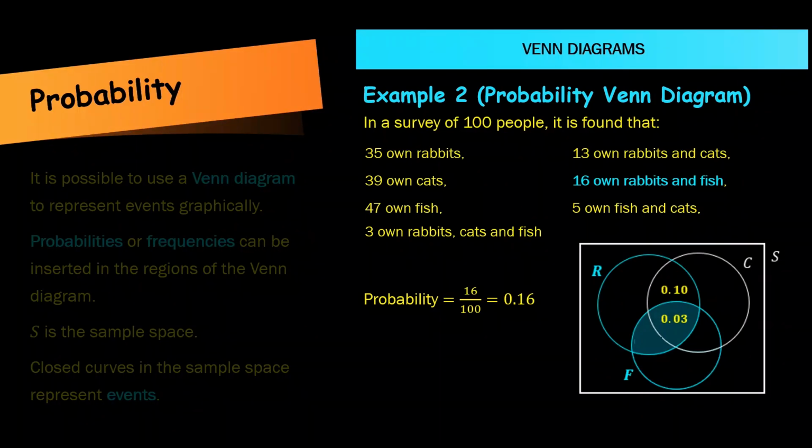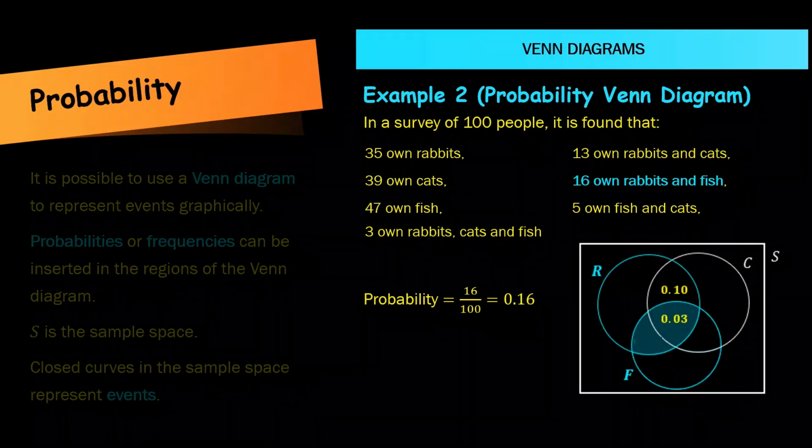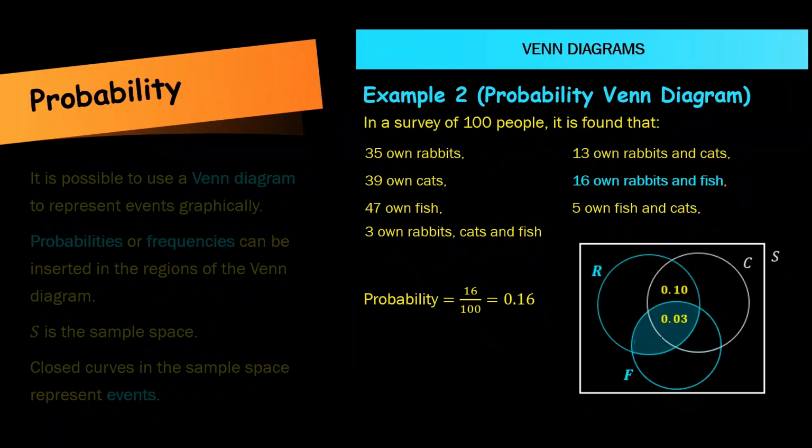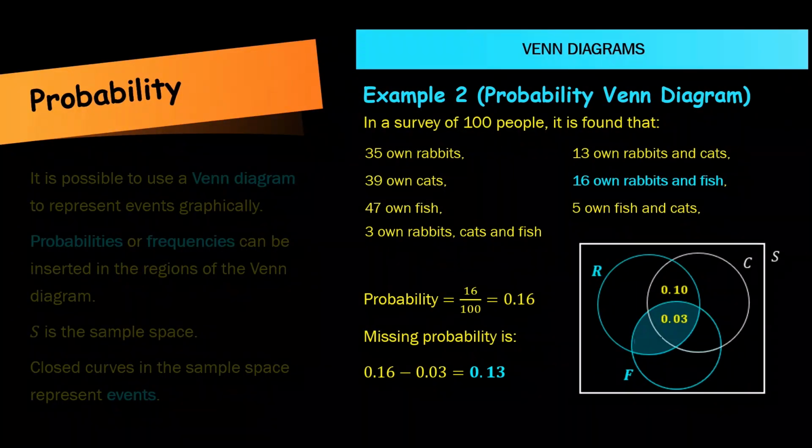However, as we already have 0.03 in that shaded region, we need to subtract that in order to find the remaining probability. So 0.16 minus 0.03 is equal to 0.13, and we can now enter that also in the Venn diagram. And so we've entered 0.13 in the Venn diagram also.